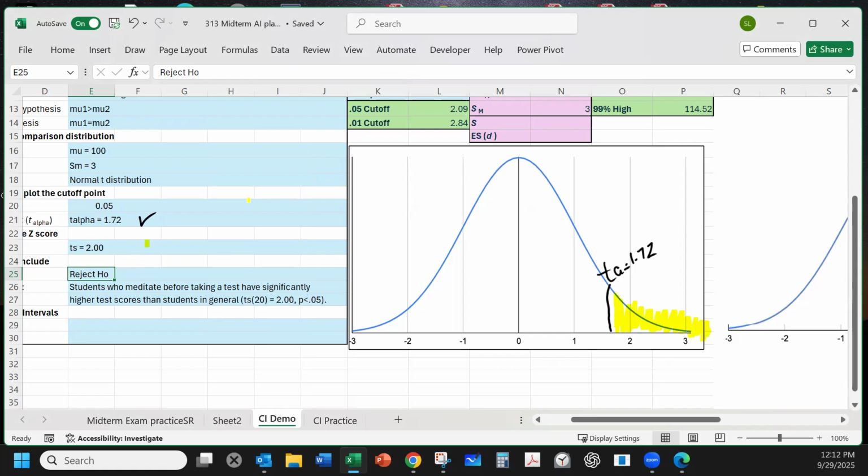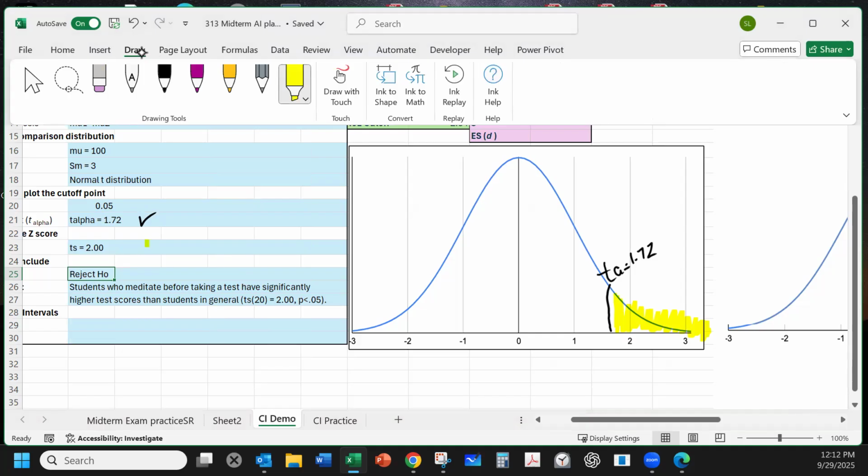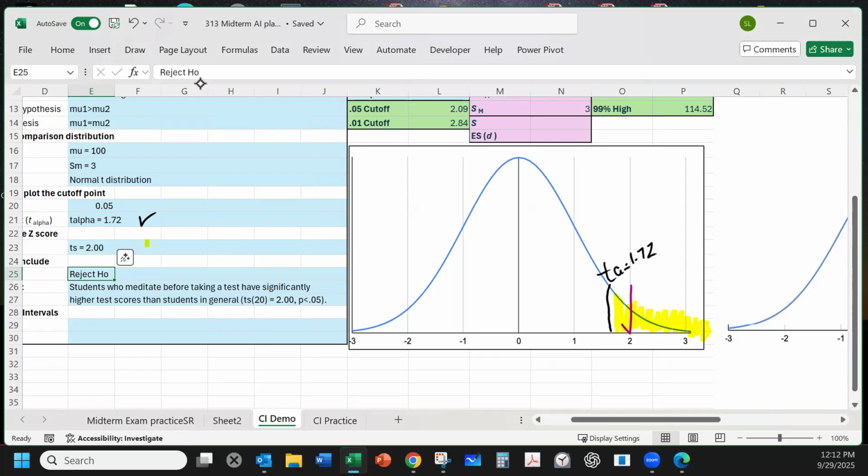And we place our sample t-score. In this case, our sample t-score is 2, so it's placed right here. So t sample equals 2.00. Of course, that falls within our shaded region, which means that we reject the null hypothesis, and then we have the concluding statement stated.